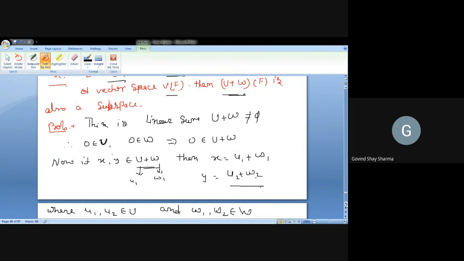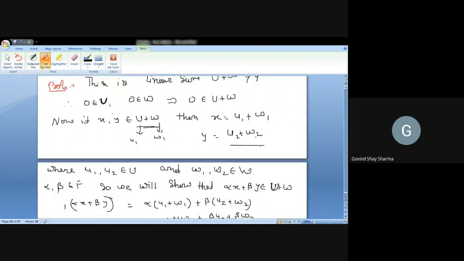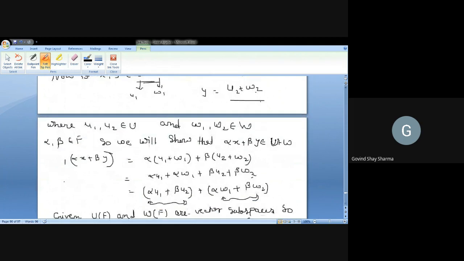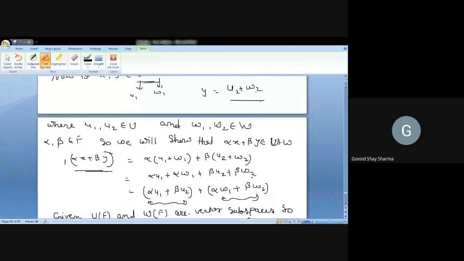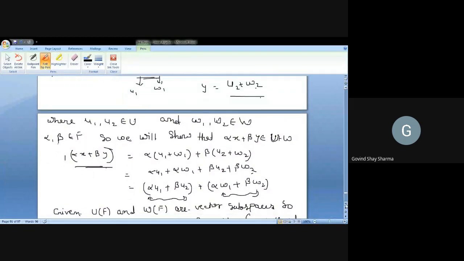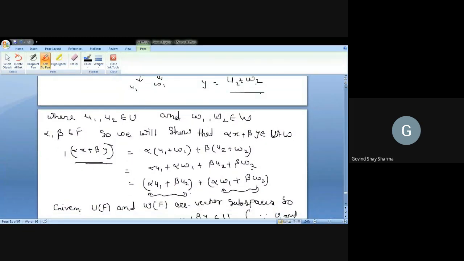We put the values of x and y in alpha x plus beta y, and by this we get alpha u1 plus beta u2 and alpha w1 plus beta w2.